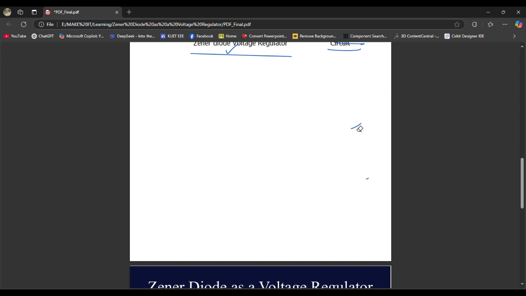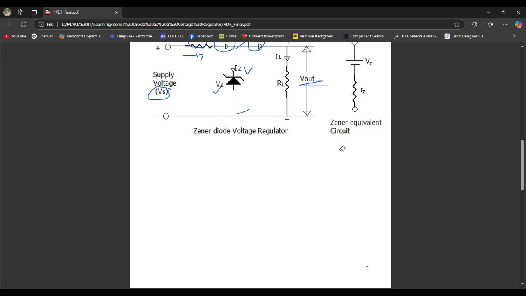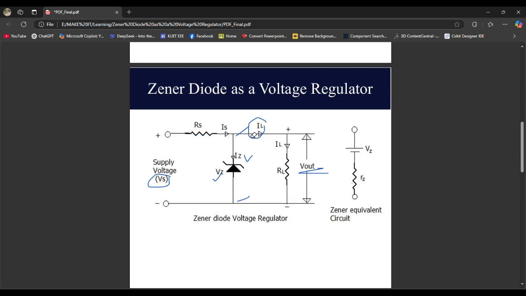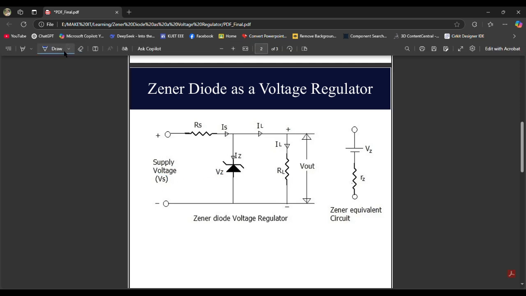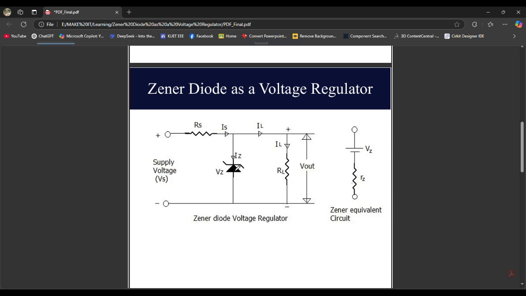So moving to the first case, we have to understand the theory first of all, how these things actually work. When the Zener is not in operation, it will work as a short circuit, I mean, sorry, open circuit. But as soon as it is in the operation region, it will start maintaining the output voltage constant, which is called Vz.